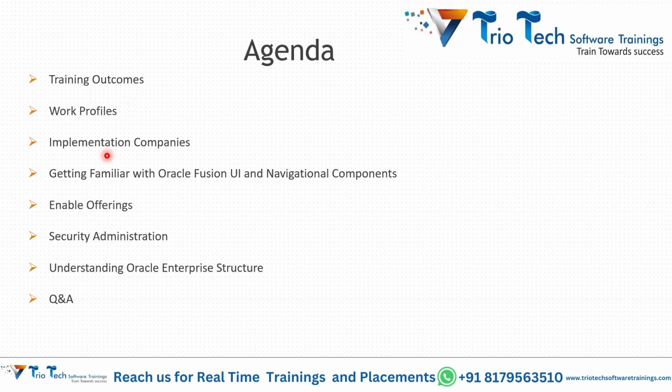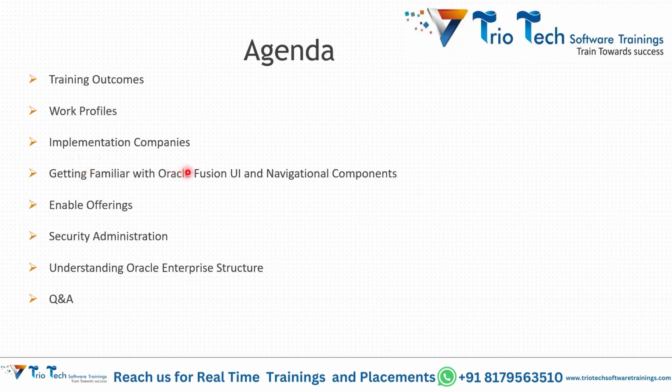One is product development company, then implementation or consulting companies, then end user companies who are actually using Oracle, right? So here we have included some of the examples. That will help you to understand which are the companies involved in the overall Oracle cycle, including the product development company, consulting companies, and the end user company, right?